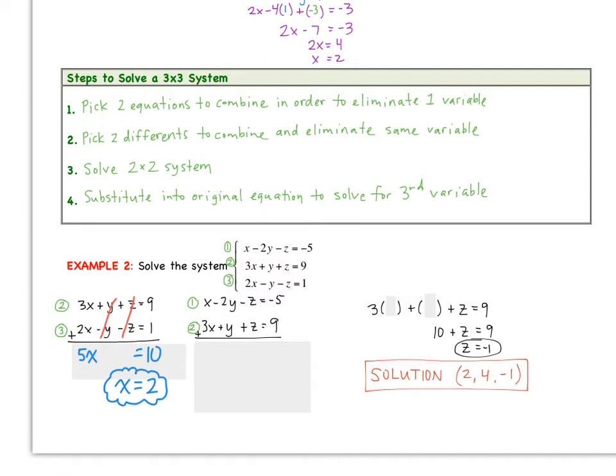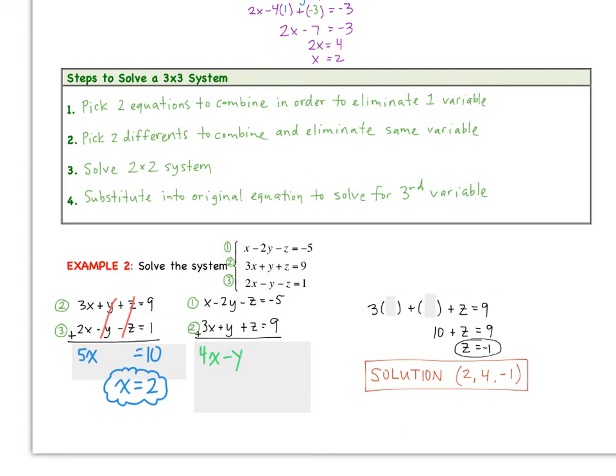I now am going to take equation 1 with equation 2 and try to eliminate z again, because again, they're both opposite signs with a leading coefficient of 1. So all I have to do is add these 2 equations together. When we do that, I'm going to get 4x minus y.